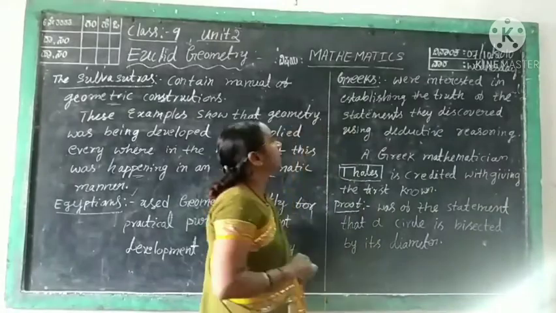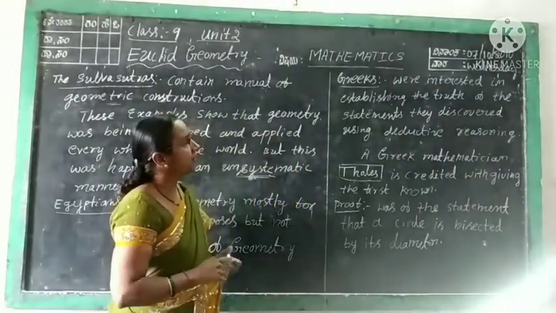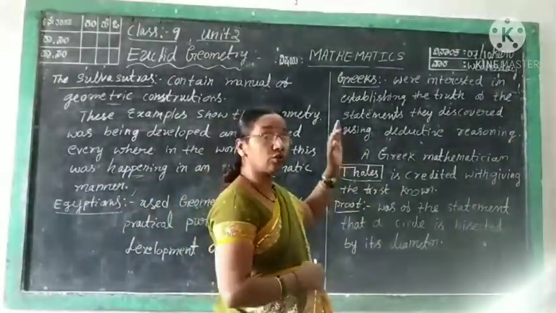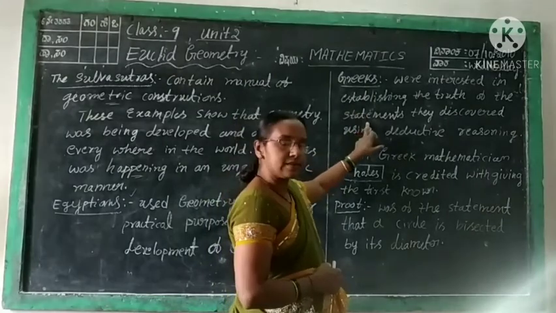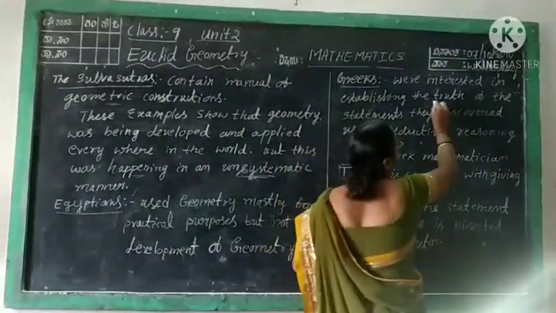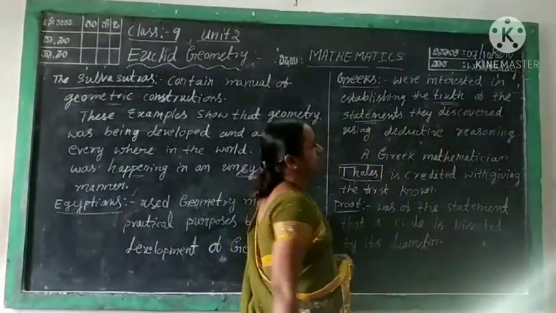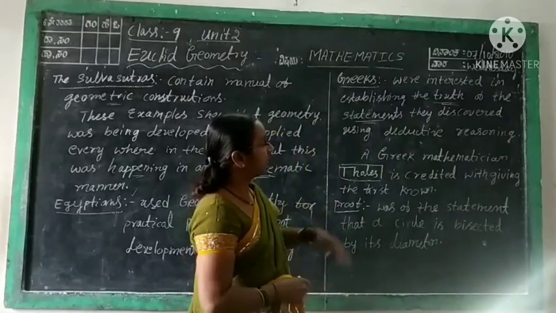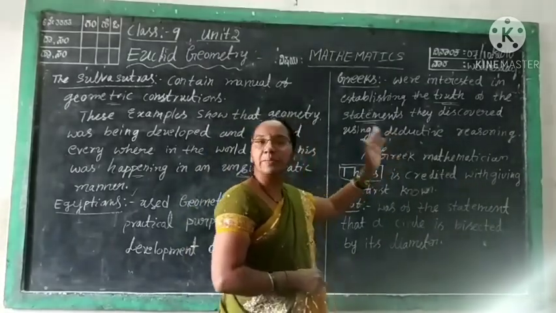Then Greeks were interested in establishing the truth of statements. They discovered using deductive reasoning for geometry.